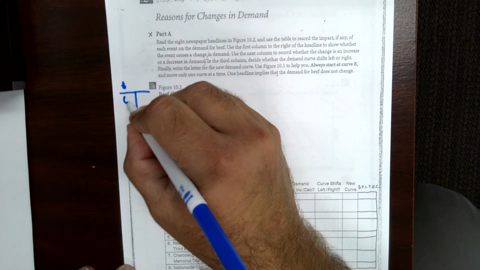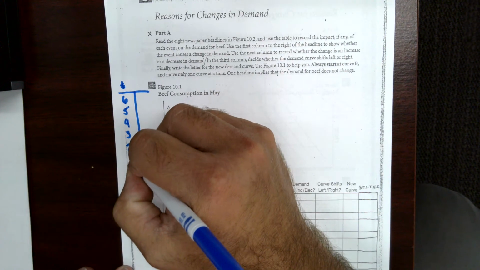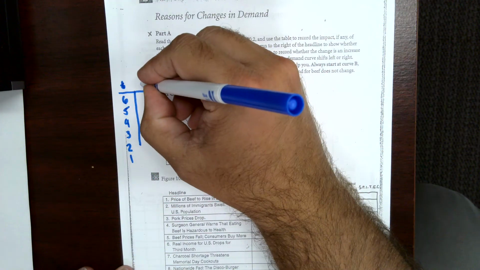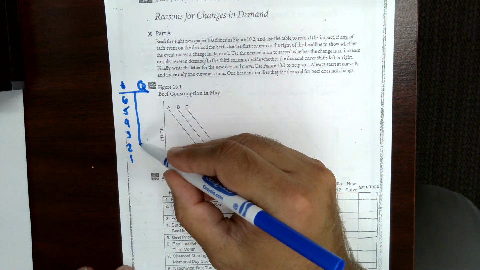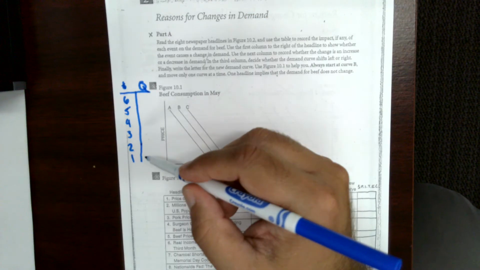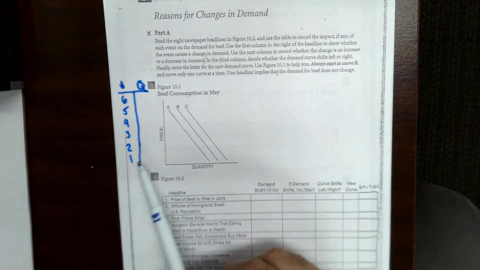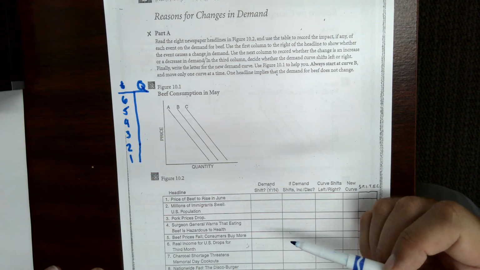So let's number 6, 5, 4, 3, 2, and 1. On the right-hand side is the quantity: the price you're willing to pay, and how many of those items you're willing to buy. That's what the word quantity is going to be.